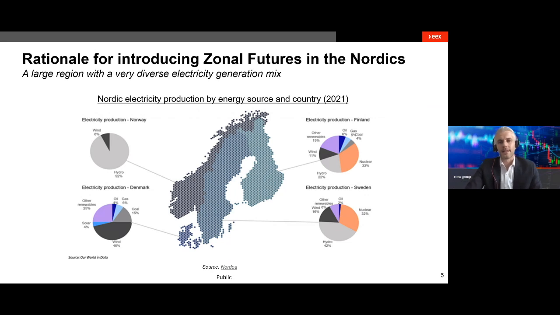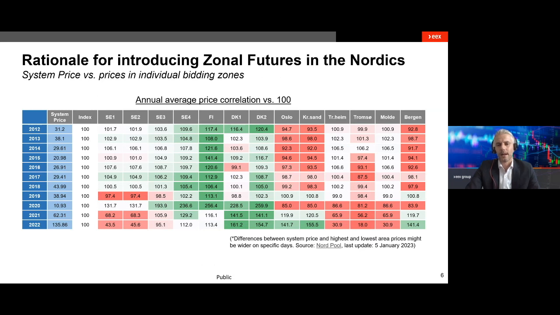If we go to the next slide, we can see that in even more detail. I don't want to go through this table one by one, but what it shows you is the correlation of the average annual price in all these 12 bidding zones in relation to the annual average of the system price, indexed to 100.